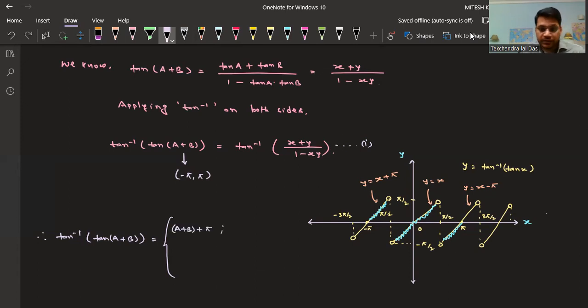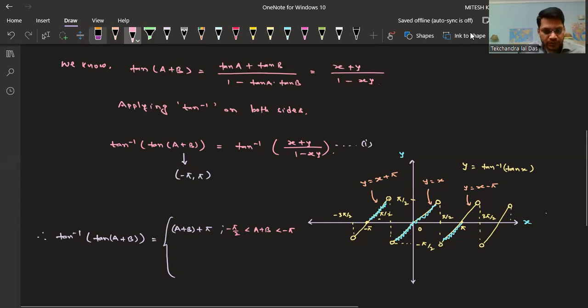And this is for which x? Minus pi to minus pi by 2. So let me write here minus pi to minus pi by 2, where this a plus b lies between minus pi to minus pi by 2. Clear? Okay, now it's correct.